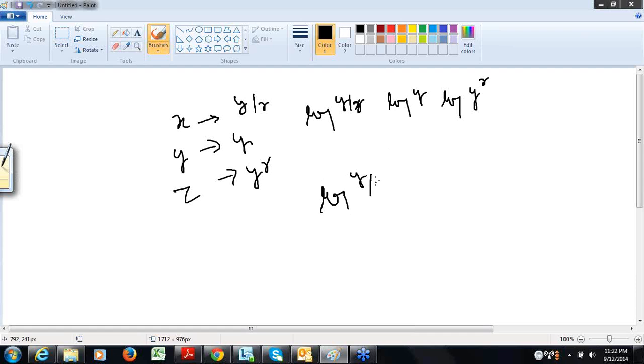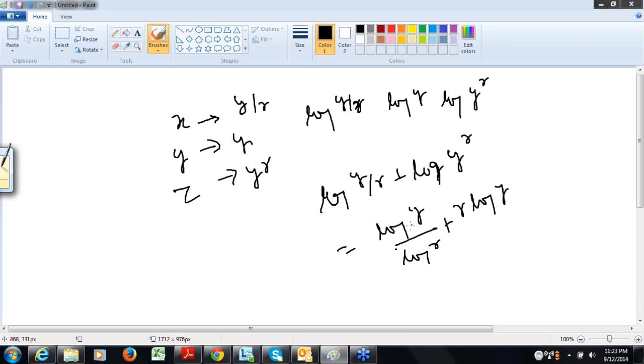Log y by r plus log yr is equal to what?